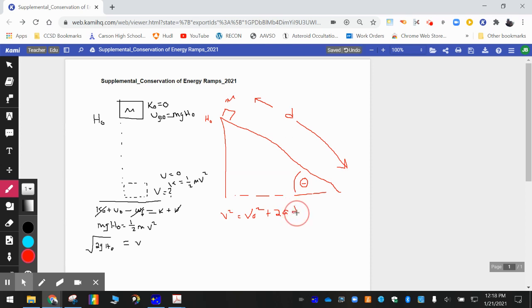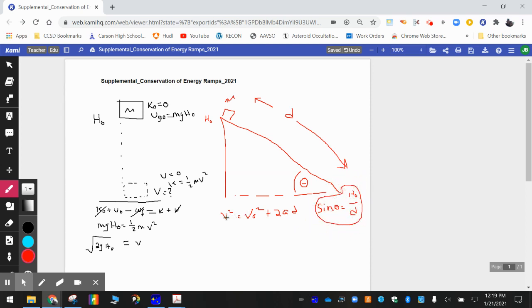Now there is something we have to know here, that this is a triangle, and the sine of theta is going to equal the side opposite, which is HO, by the hypotenuse, which is D. So when you do any ramp problem involving conservation of energy, you have to know this relationship here. It's going to be critical.